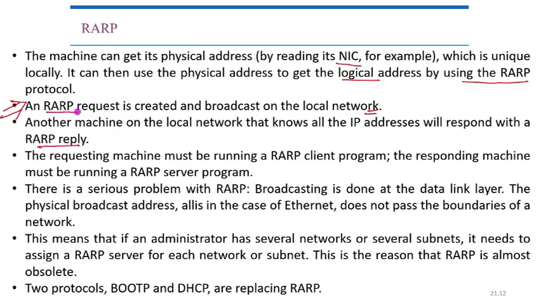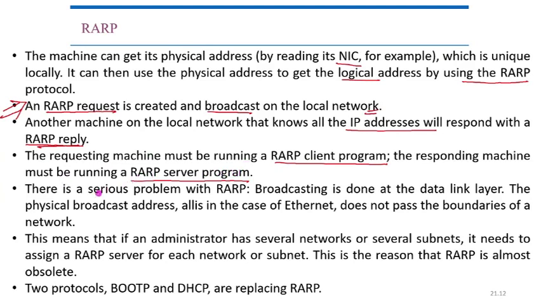So there will be an RARP request of broadcast type, and then the machine that knows the IP addresses of all other devices will respond with an RARP reply. The requesting machine must be running an RARP client program, and the corresponding machine must be running the RARP server program.